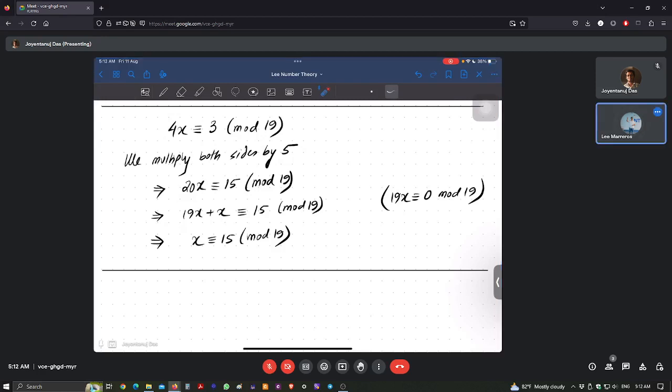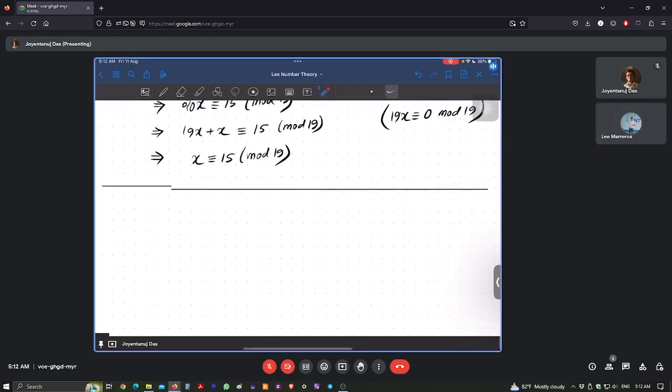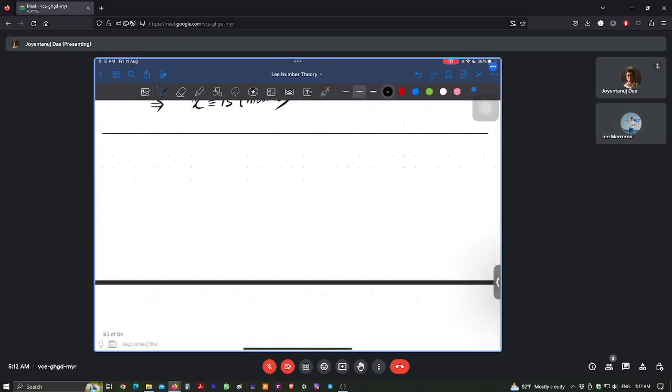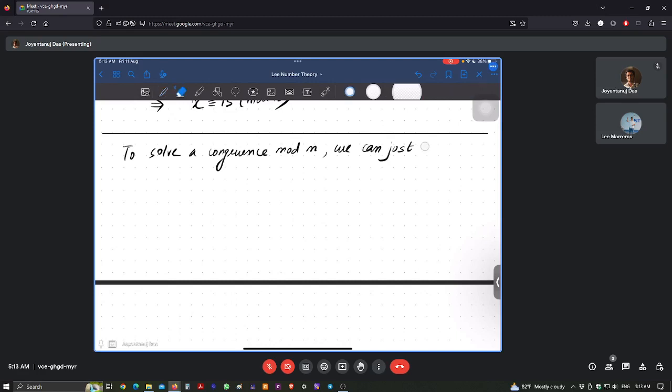Next, to solve a congruence modulo m, we can just try each value 0, 1 up to m minus 1, for each variable.